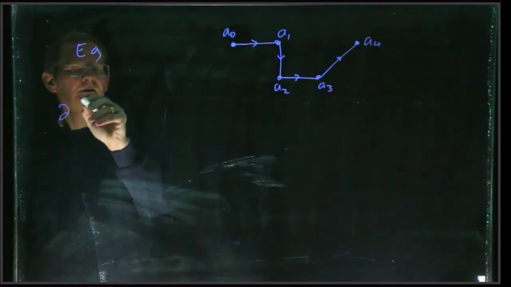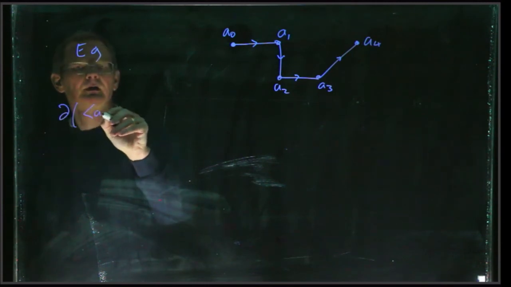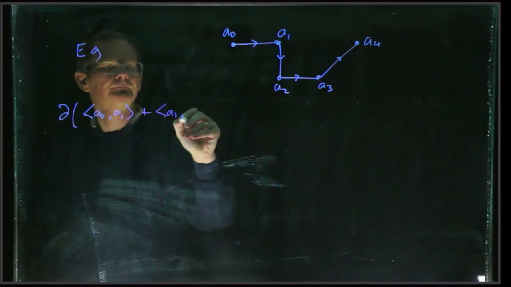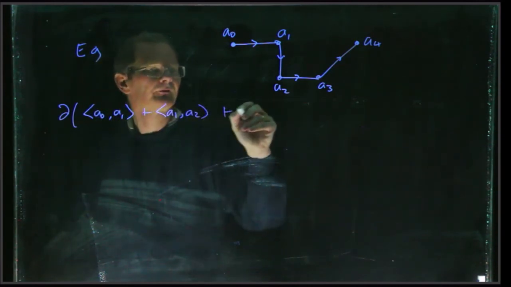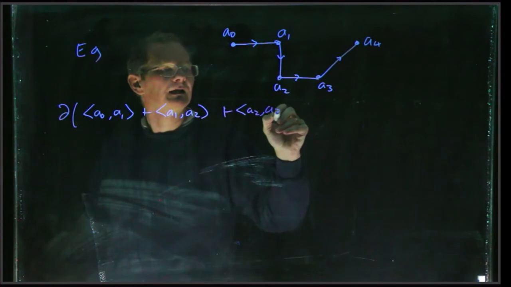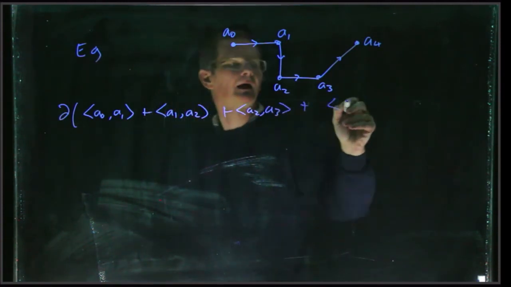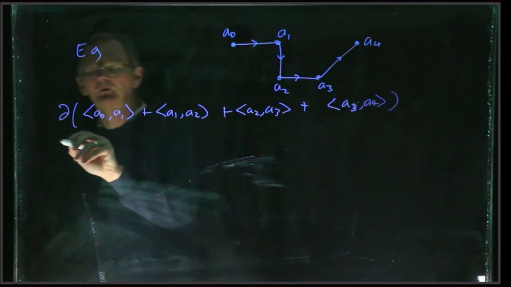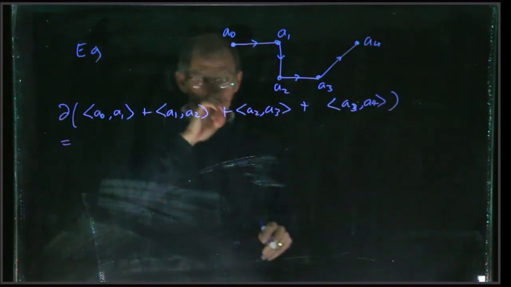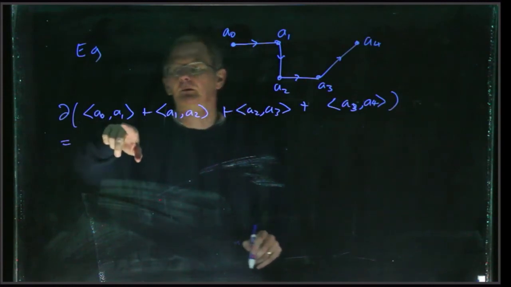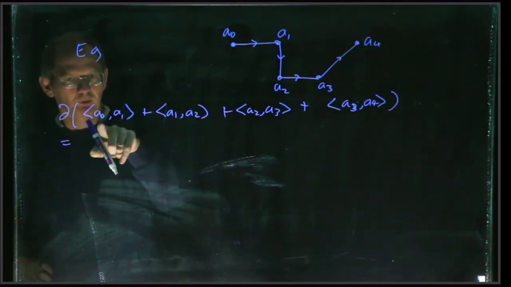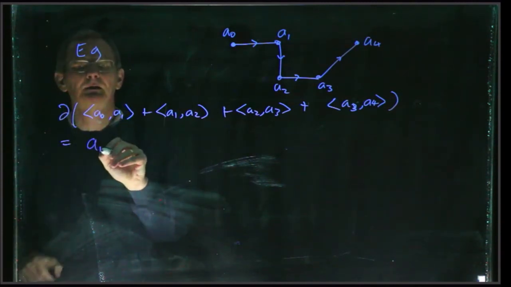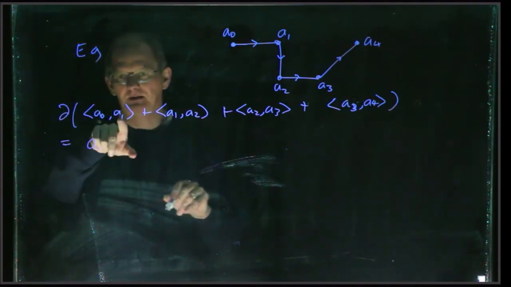So we've got a chain like this: A0, A1 plus A1, A2 plus A2, A3 plus A3, A4. And what's the boundary of that? Well, the rule is you omit the thing in position 0, which gives us A1, minus what you get by omitting the thing in position 1, which is A0.